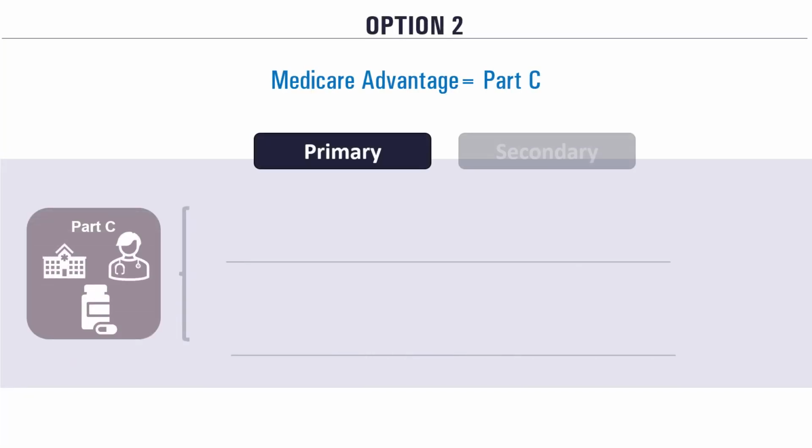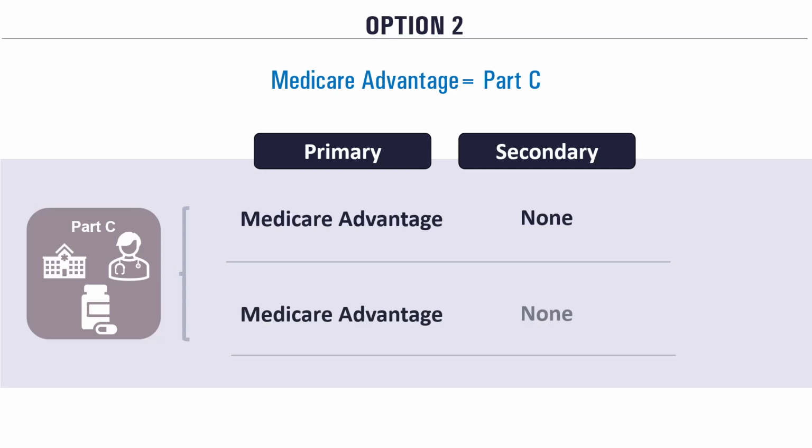Option two, the Medicare Advantage plans. With a Medicare Advantage plan, the provider bills claims directly to the Medicare Advantage insurance company with no secondary coverage. So it goes right to the insurance carrier for both A, B, and C and D benefits.